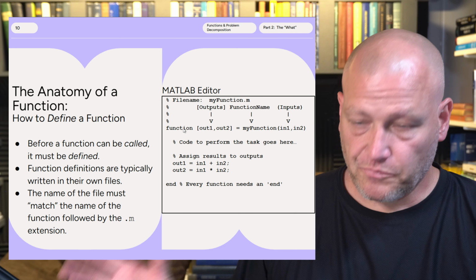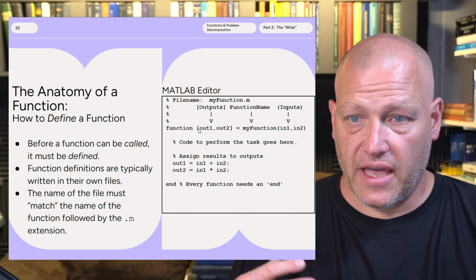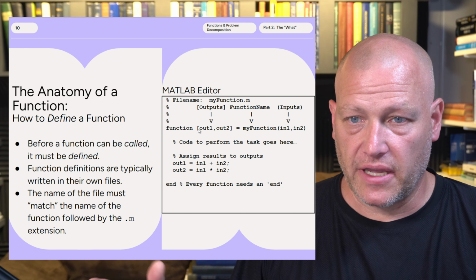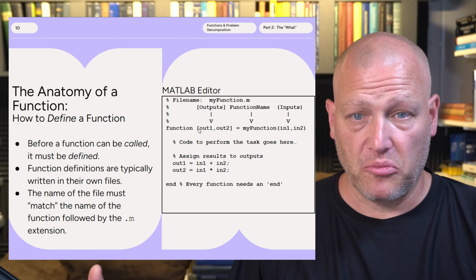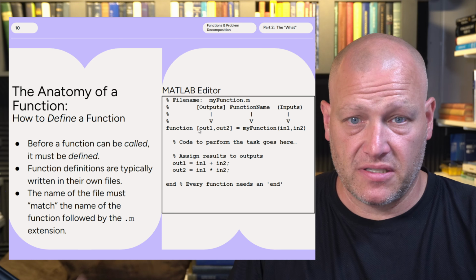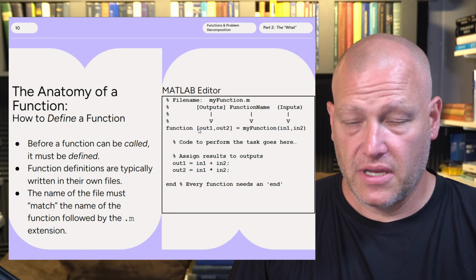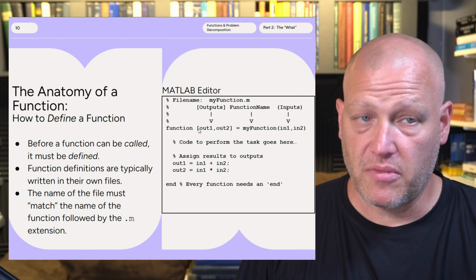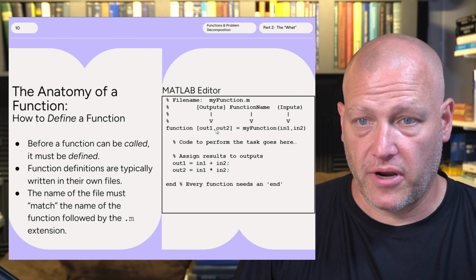After that is, I'll use a word here that we'll explain later, a vector of outputs, or a list of outputs, and it has a very specific syntax associated with it. It's a set of square brackets followed by the outputs, which there can be more than one, separated by commas.